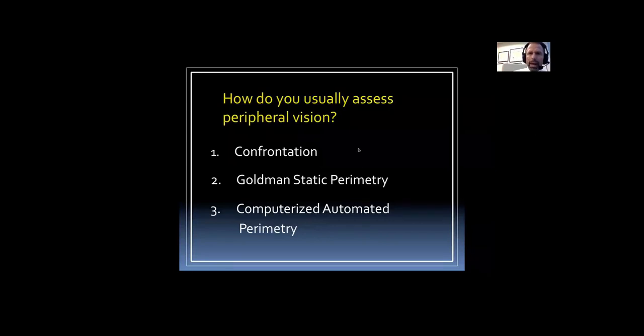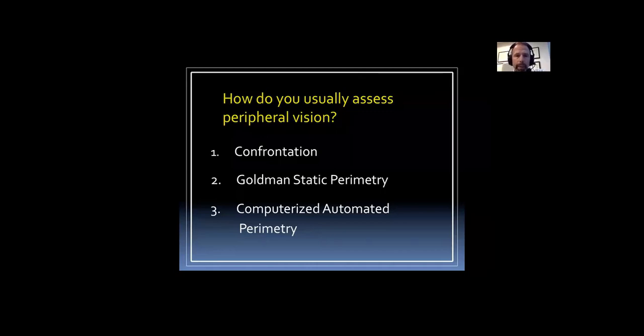And so I'm going to ask this question, or try, and I'm going to have to start the polling here. The question is, how do you currently use or check peripheral vision? Do you only have the ability to do confrontation, or are you able to use Goldmann kinetic or static perimetry? Of course, you can do both with the Goldmann.